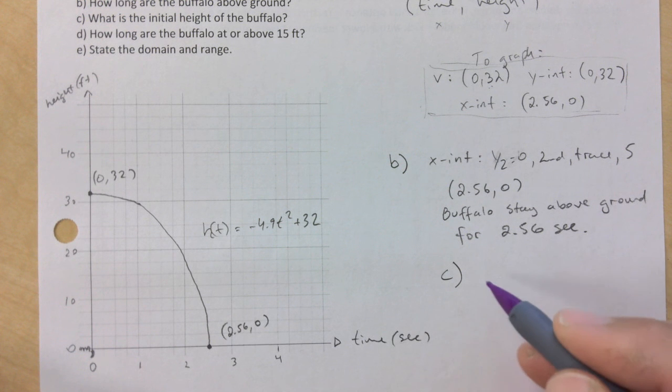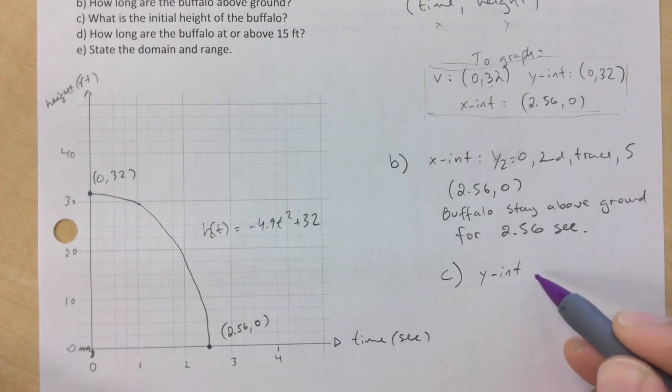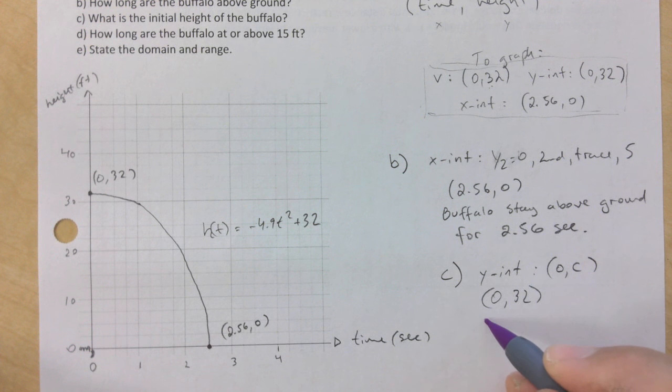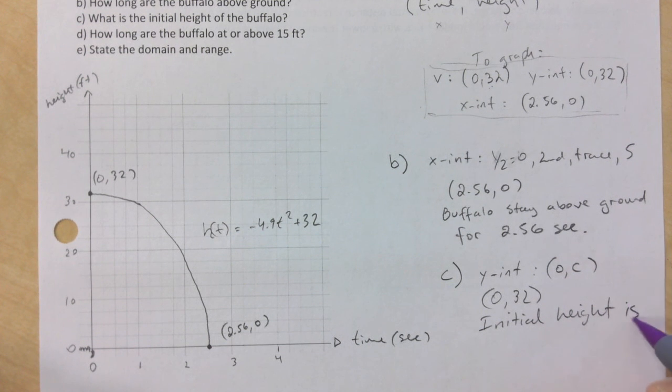C, what's the initial height? It's the y-intercept, and that's just 0c, right? Which is 32. Initial height is 32 feet.